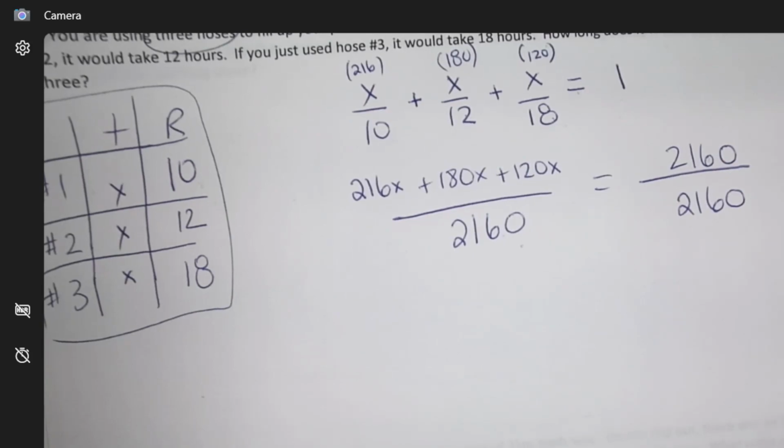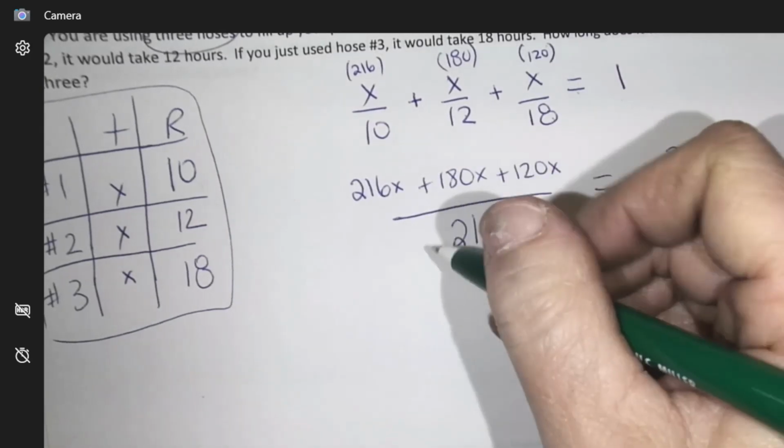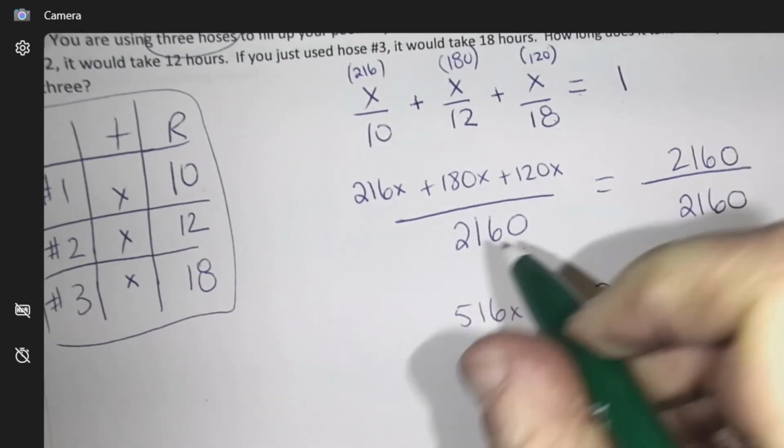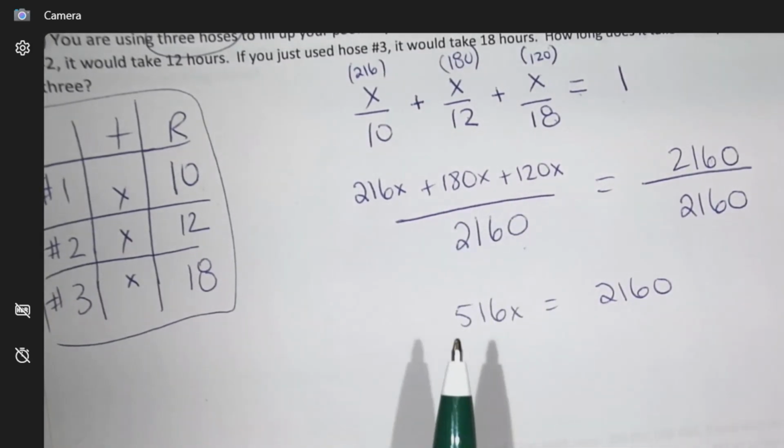Okay, mathematically, if the bottoms are the same, the tops have to be the same. So I'm going to do this at the same time if you're okay with it. I'm going to put those x's all together.